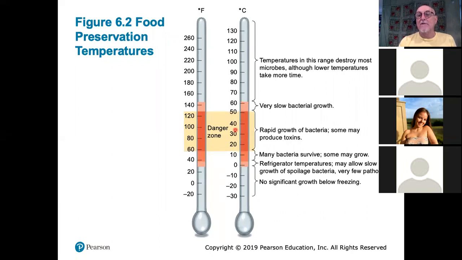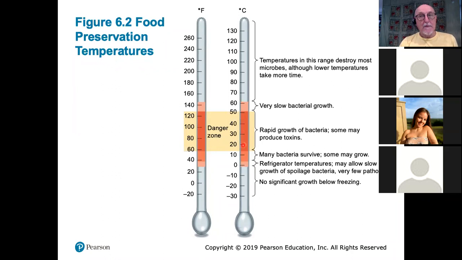So here's 37 degrees. So that's our body temperature. Many of them adapted to that as their optimum, but they will continue to grow at these temperatures. This we regard as being a danger zone. We try to avoid keeping food in this danger zone for very long if it is subject to spoilage.